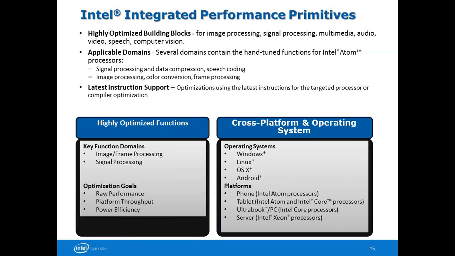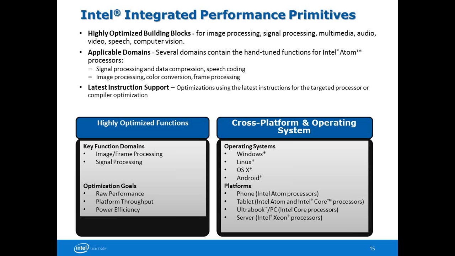Running through further details of what this IPP is, this is supported across different Intel platforms used in different form factors. As you can see in the right-hand side block, this is supported on phones, tablets, ultrabooks, as well as servers.